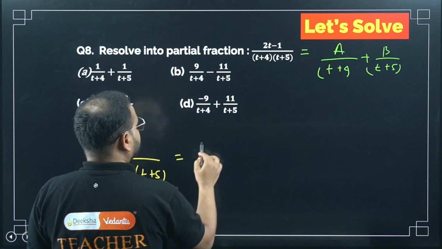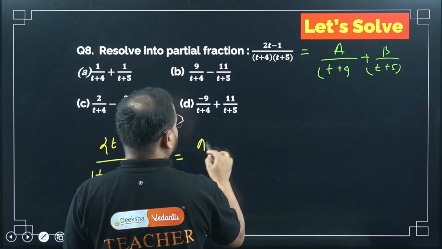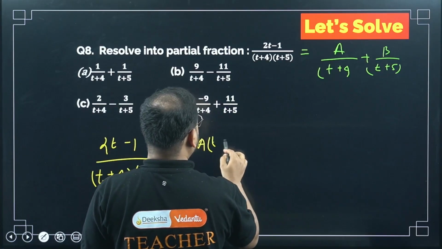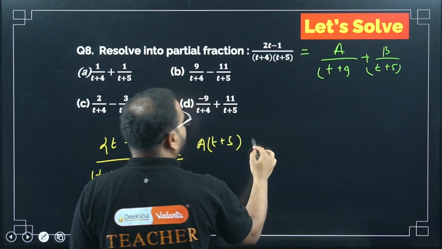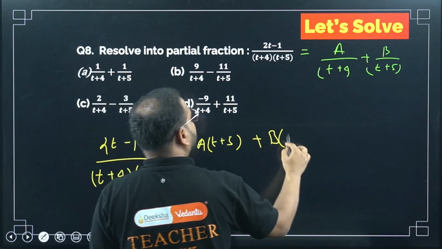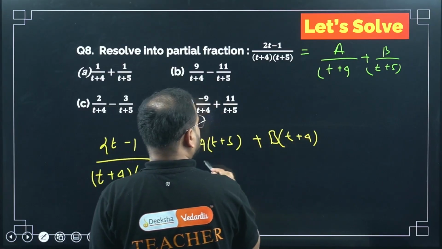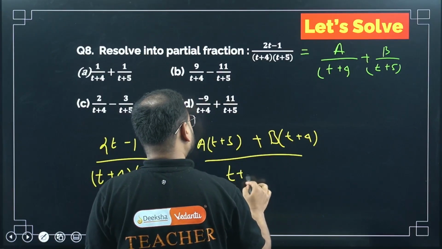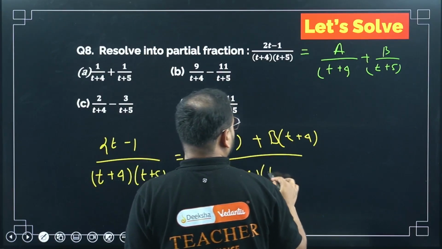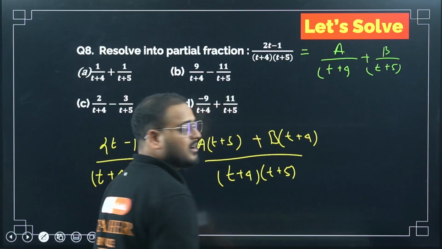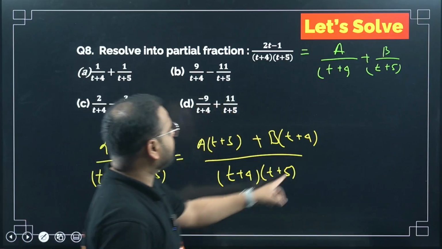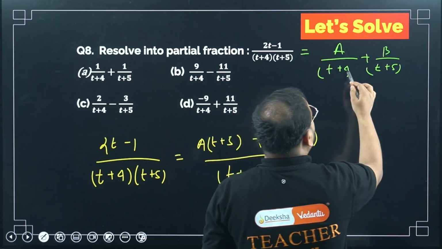So a times t plus 5 on that side, and over here plus b times t plus 4. I'm taking the LCM. What is the LCM? T plus 4 and t plus 5.